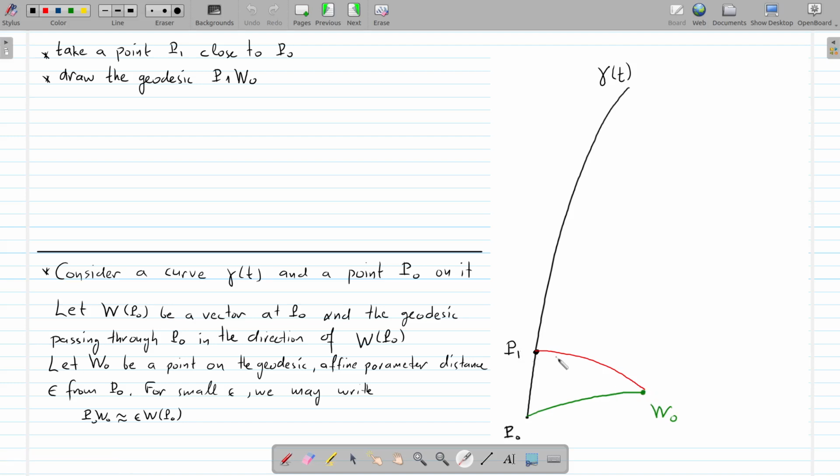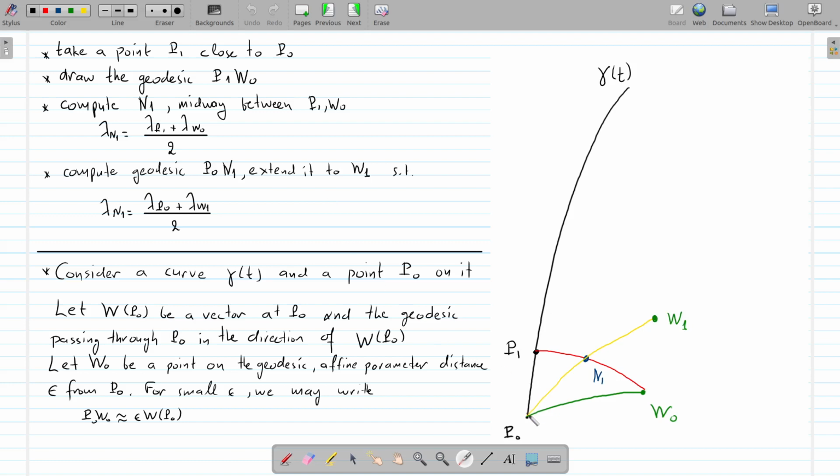So this red line here is part of a geodesic. Then consider the point N1 that is standing midway between P1 and W0. That means it lies on a geodesic at an affine parameter lambda N1, which is the midpoint of the affine parameters of the respective points, P1 and W0.